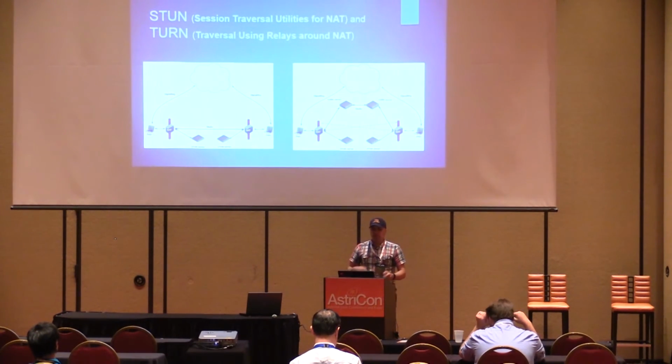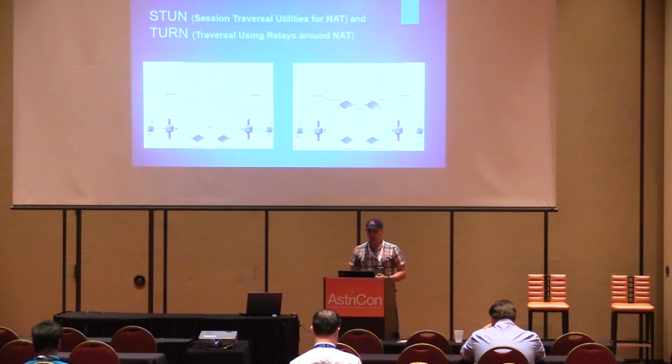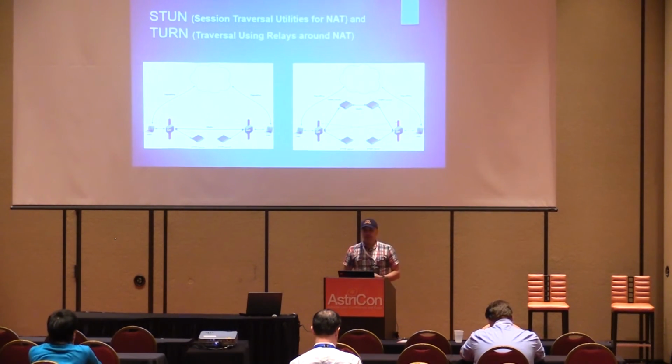And as I said, with a symmetric firewall, you cannot rely on the port number, because every time you send a request out, the port number changes. So you need some intermediary server, like a TURN server, to relay the media and traverse the firewall for you.